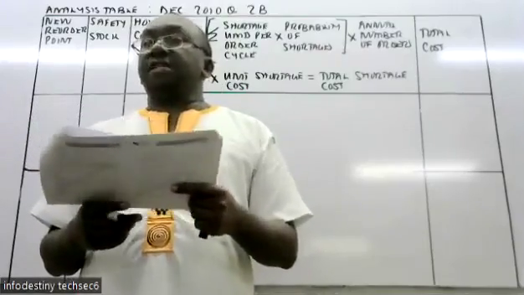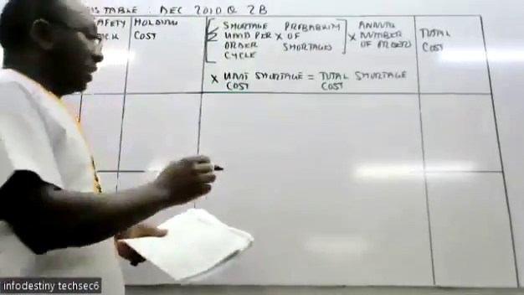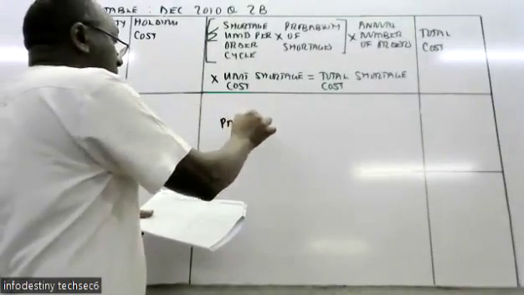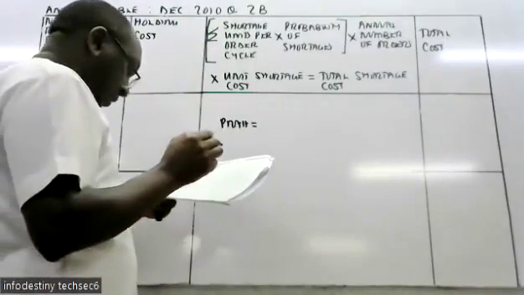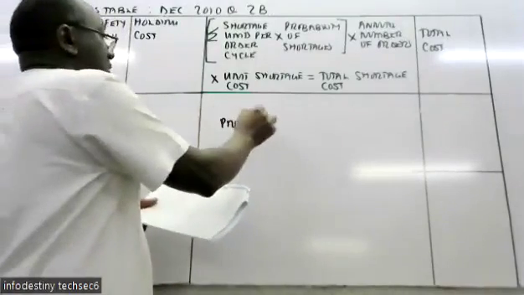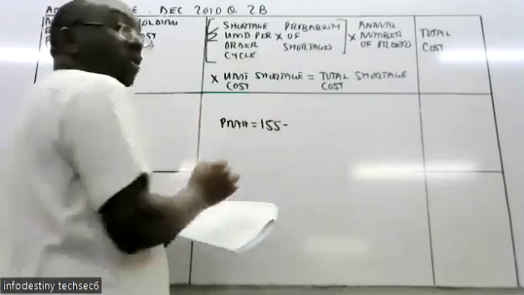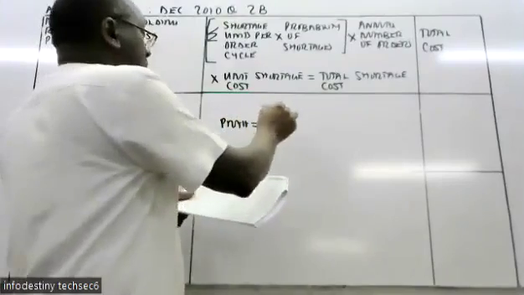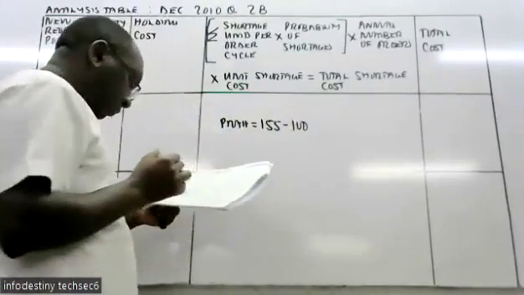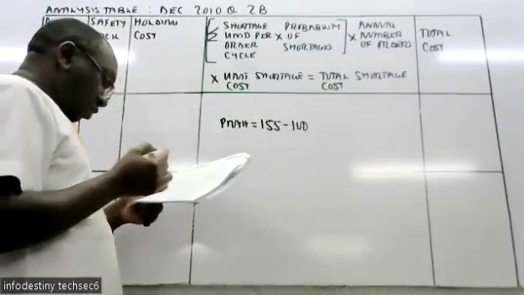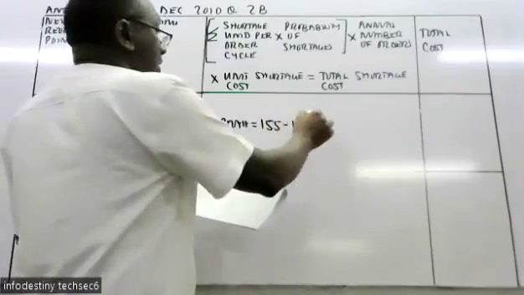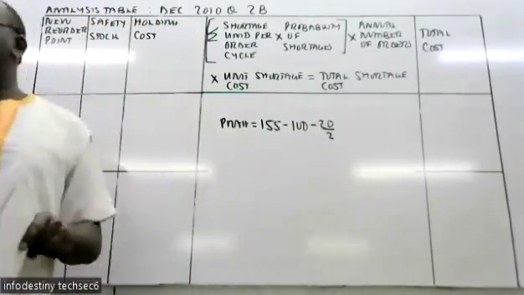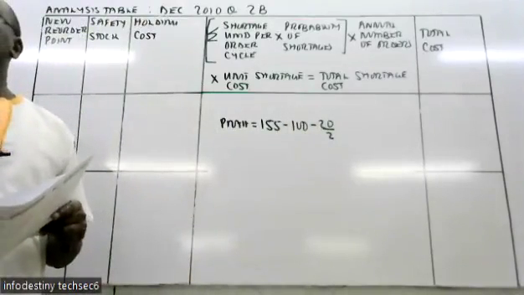It will be the profit. So you write: profit is equal to the selling price of 155, minus the purchase cost of 100, minus the holding cost of 20. Now this holding cost is usually divided by 2. It is average.